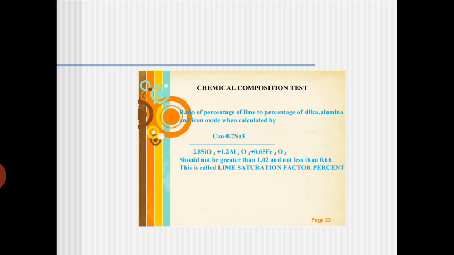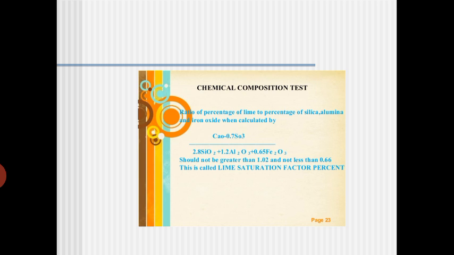It is not required now, but when calculating this chemical composition test, we require atomic weights, molecular weights and equivalent weights. For now, consider 2.8 moles of SiO2, 1.2 moles of aluminum oxide, and 0.65 moles of Fe2O3, ferrous oxide.